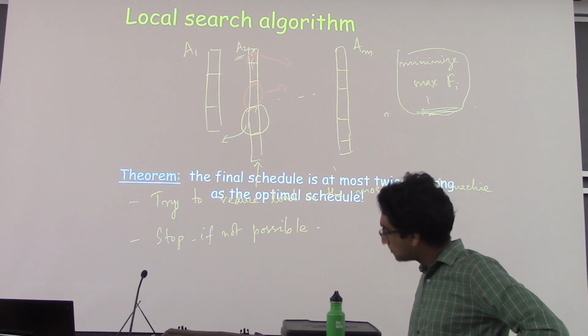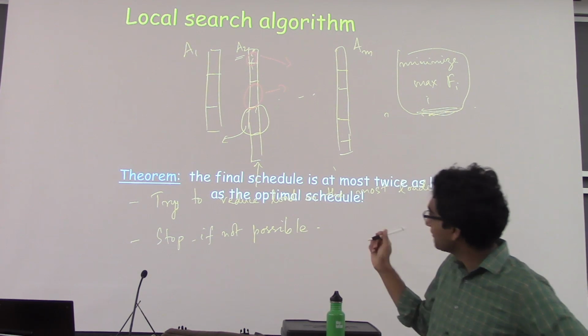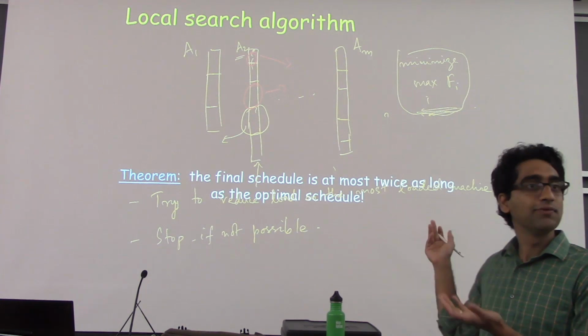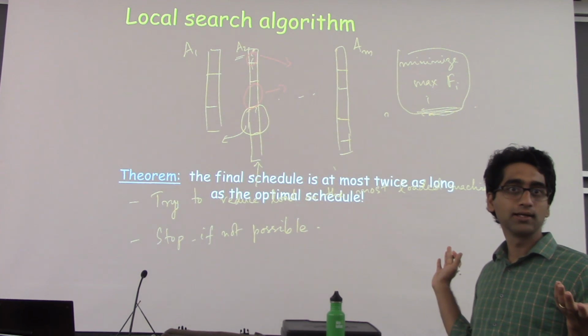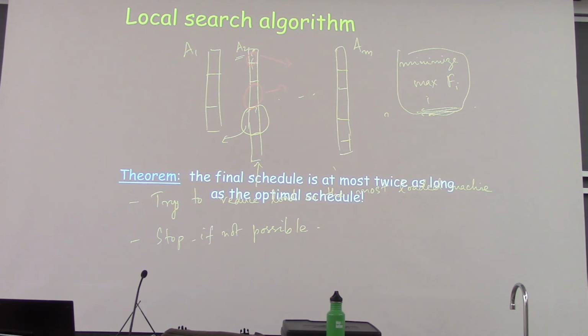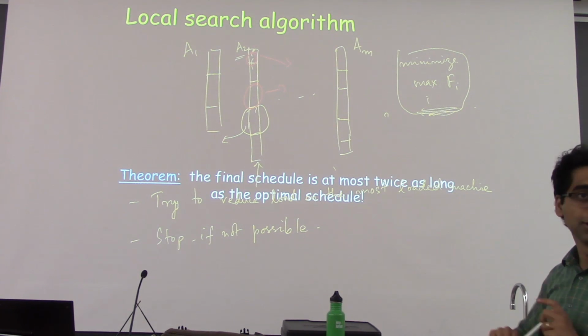And the theorem is the following. I don't know if you can see it, but the theorem is that the schedule that you produce like this, so this algorithm will run for some time and stop, right? And the final schedule, whenever you stop, is at most twice as long as the optimal schedule.